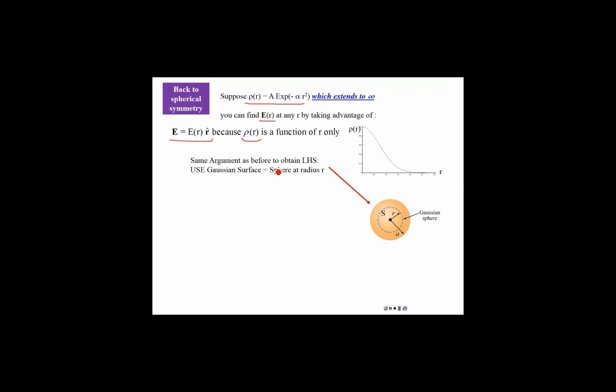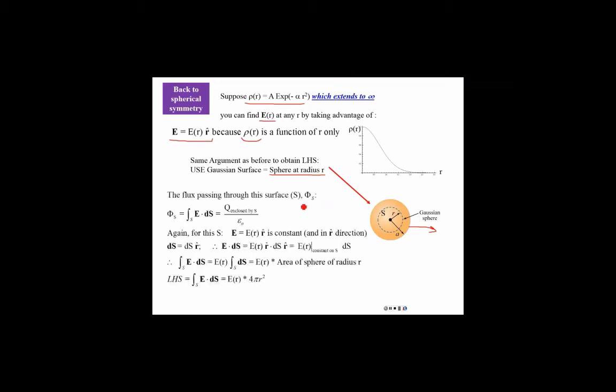Well, we use the same argument as before to obtain the left-hand side. And so we again build a Gaussian surface that's spherical at radius r. And I'm using the same picture, but this distribution that we showed before, which was uniform, is actually this one. So it extends out beyond the edge of this diagram.